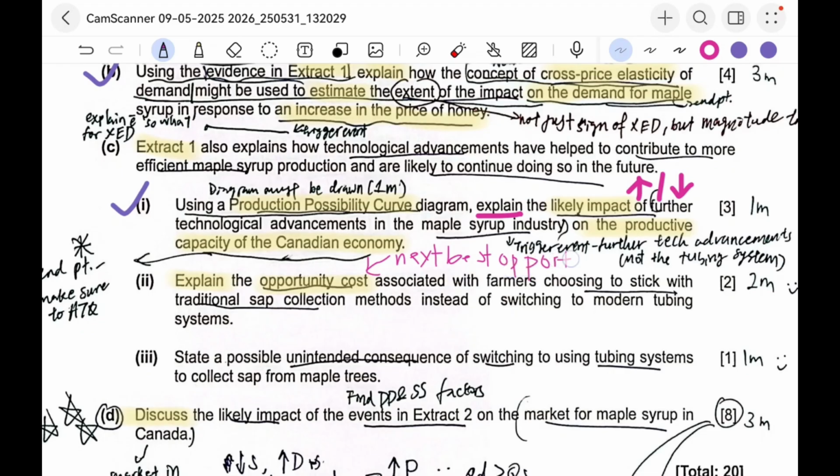And in this case, when the farmers choose to use the traditional method, they give up the higher possible yield volume of maple syrup, and also maybe they could have rested more, because this talks about the traditional method being very labor intensive. So if you use technology, you can rest more, for example, and you can collect more. So this is the thing that they give up.